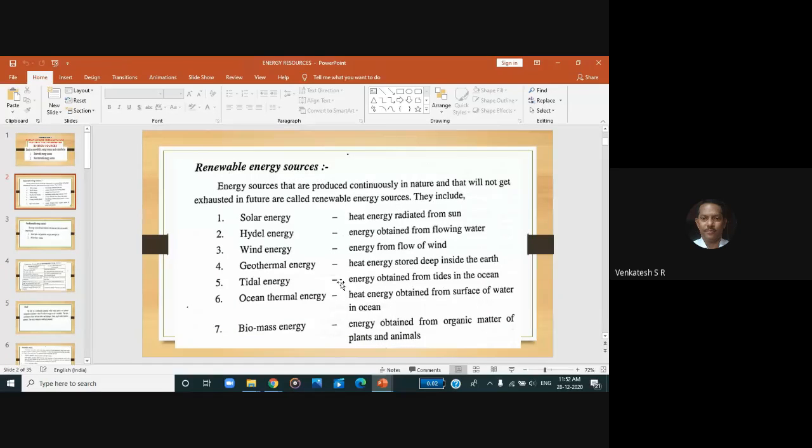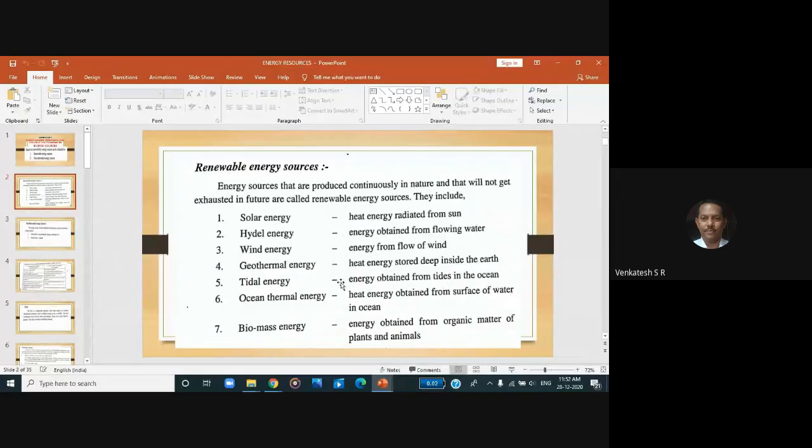Please, all of you, write down the renewable energy sources. Number one, solar energy: heat energy radiated from the sun.